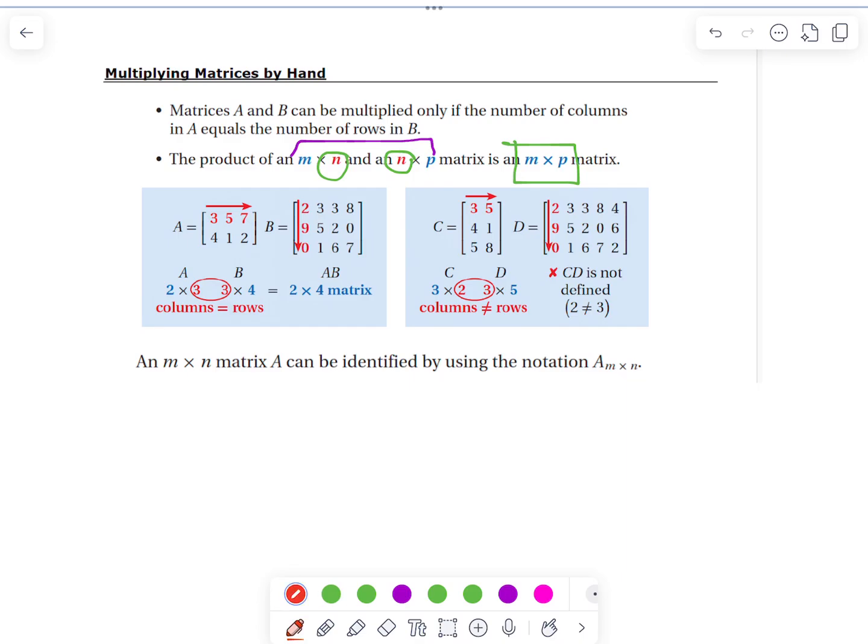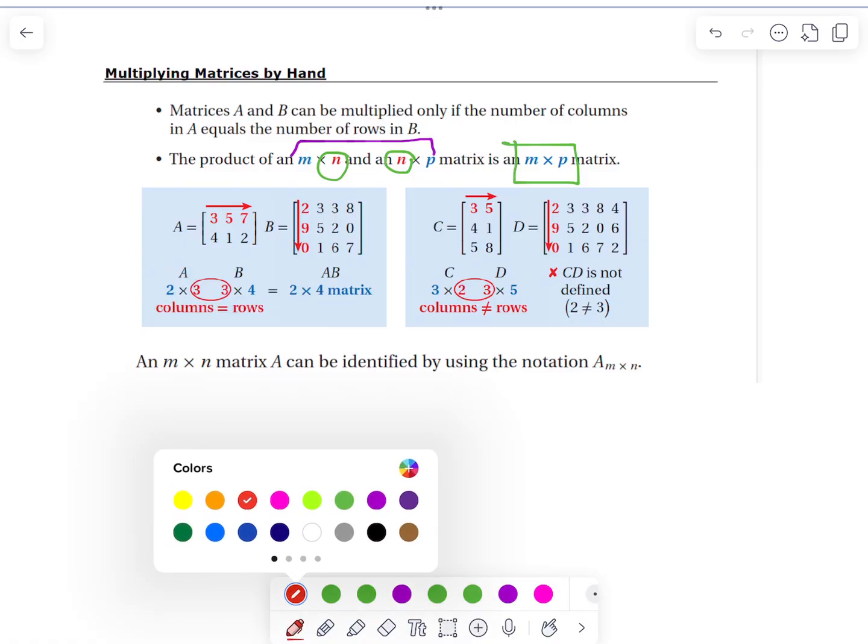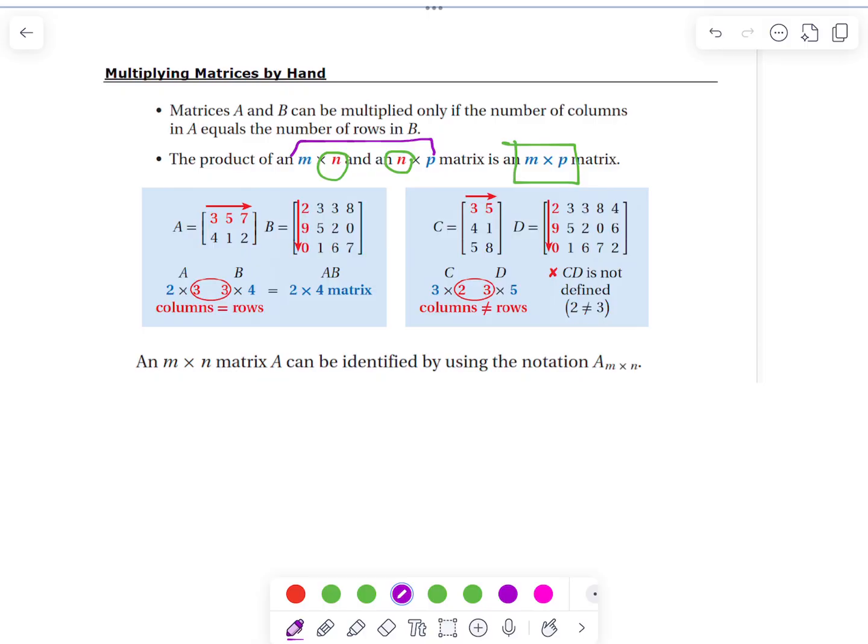Looking at these two matrices, we have a matrix A, which is a 2 by 3, and a matrix B, which is a 3 by 4. In order for us to multiply these two matrices together, these inner numbers must be the same, which they are. So what it's going to produce is a 2 by 4 matrix.